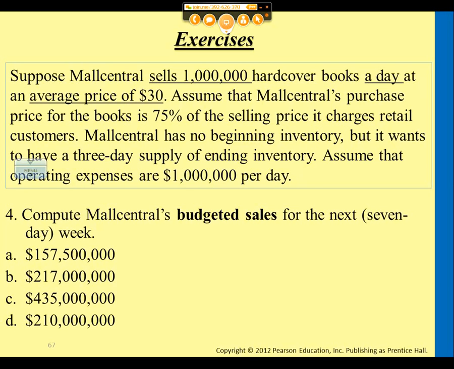One line calculation. What we need to do is to compute Mall Central's budgeted sales for the next week. Next week is 7 days, so you'll be multiplying something by 7. Once you know the answer, let me know.